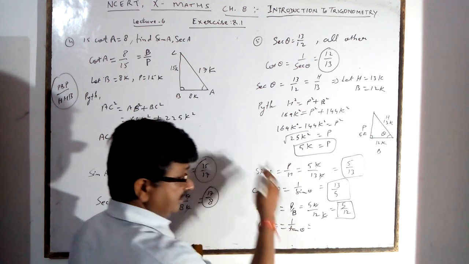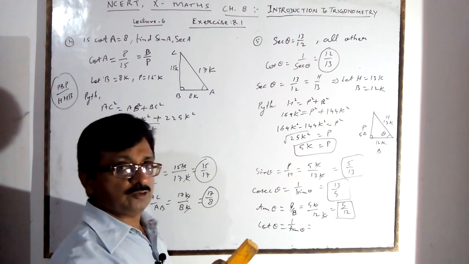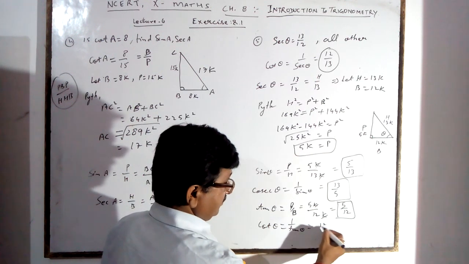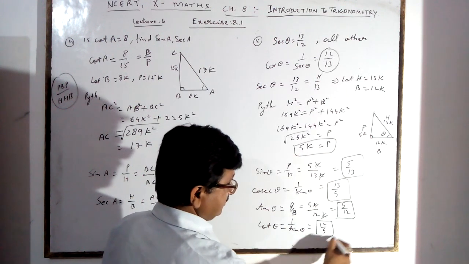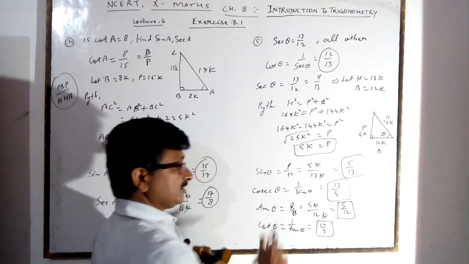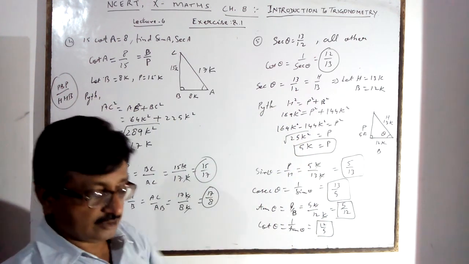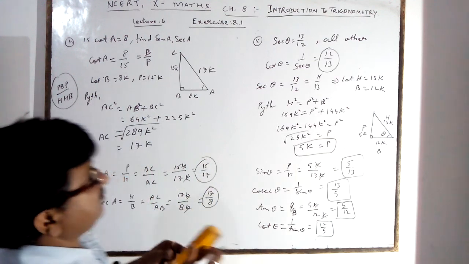If you learn these things, so easily you get 3 marks directly. Reciprocal method: 12 by 5. Just reverse. Reciprocal means numerator in denominator, denominator in the numerator. So question number 5 is over.